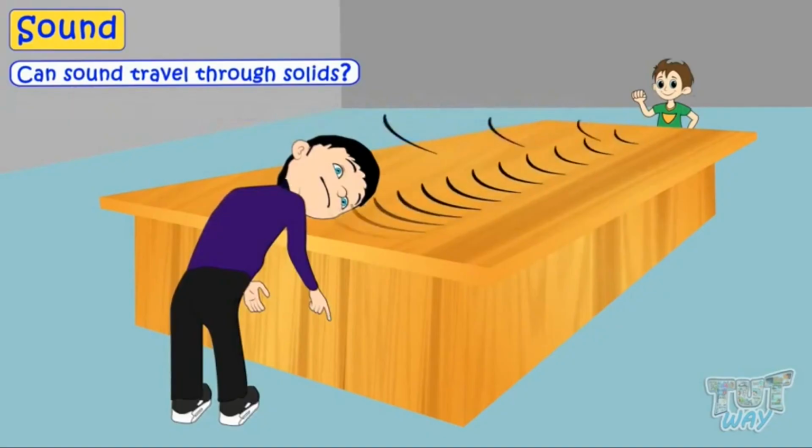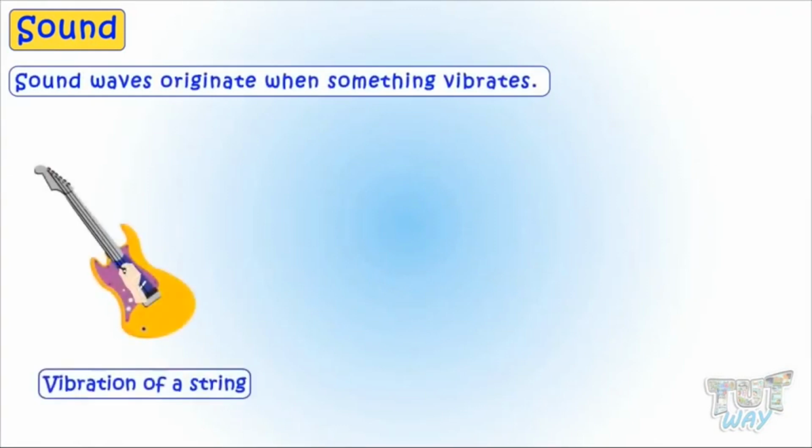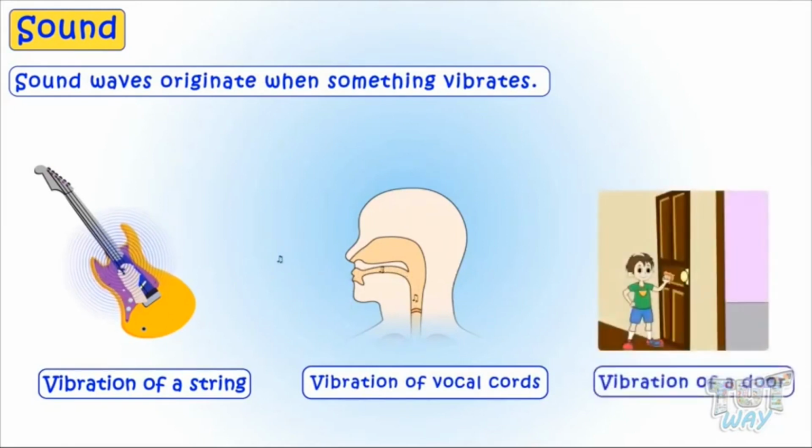Friends, till now, we learned that sound waves originate when something vibrates, like vibration of a string of a guitar when it's plucked, vibration of our vocal cords when we sing or speak, vibration of a door when someone knocks it. Every sound wave originates when something vibrates. Now, let's see how this sound wave propagates or moves.